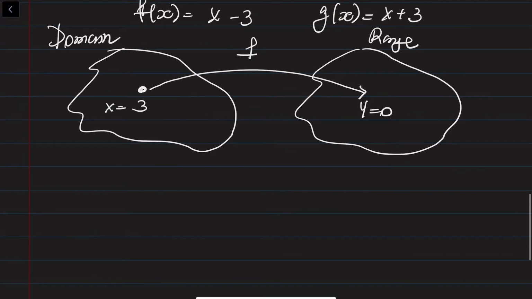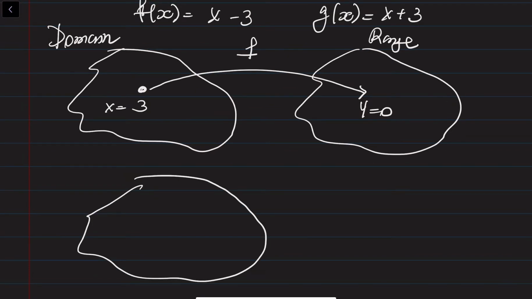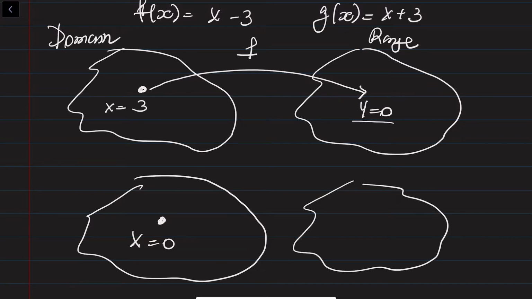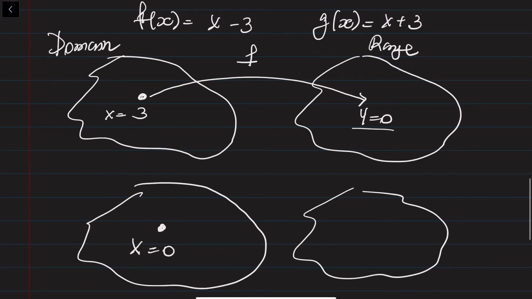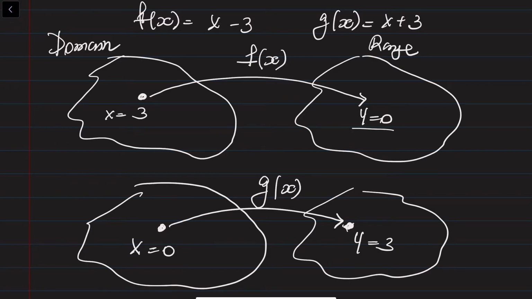At the same time, the g, if I would just plug in x is equal to 0 into the g, right? So essentially this is y. So you can go back to your original value. If you just substitute x to be equal to 0 into the g, you would get here 3. Y is equal to 3, right? So this is f and this is g. So you see, you are getting your original value.